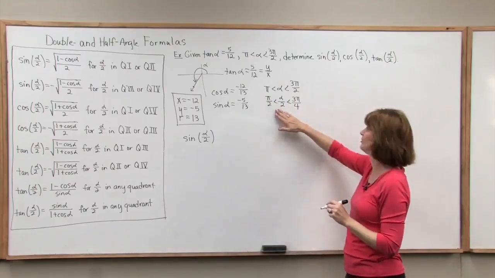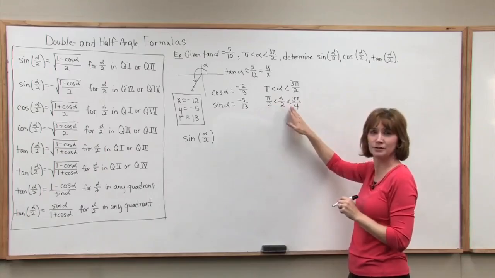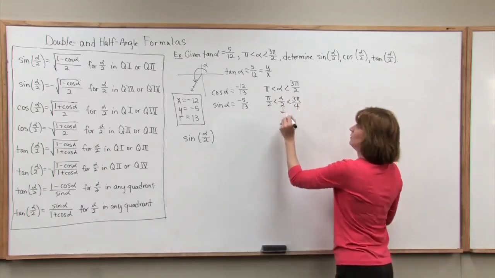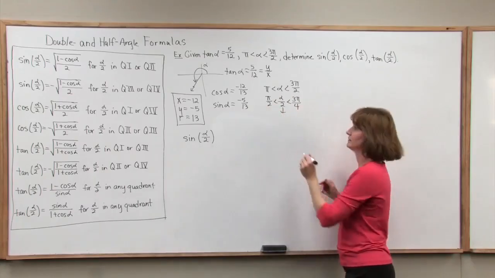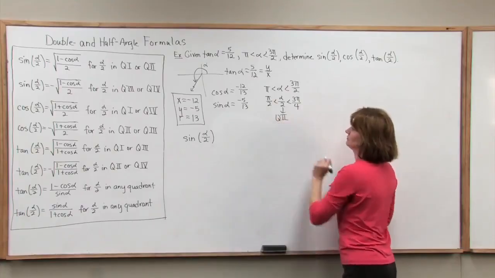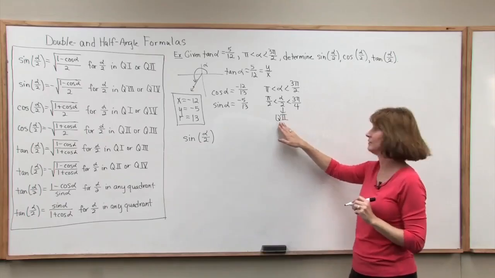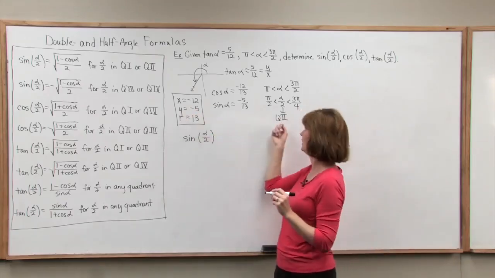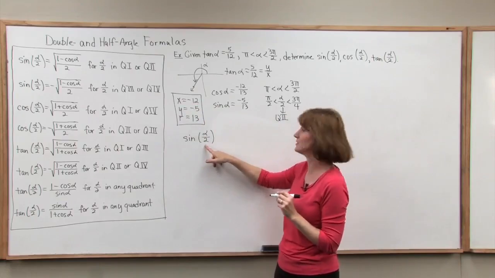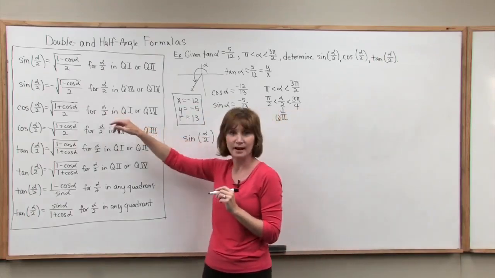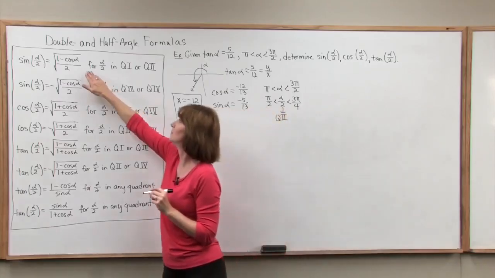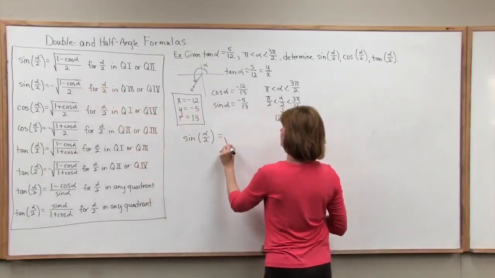So we can see that the terminal side of alpha over 2 is between pi over 2 and 3 pi over 4. What quadrant is that? Quad 2. So that's how we decide. We know the terminal side of alpha over 2 lies in quad 2. We want a sine, and sine in quad 2 is positive, so we choose this formula.